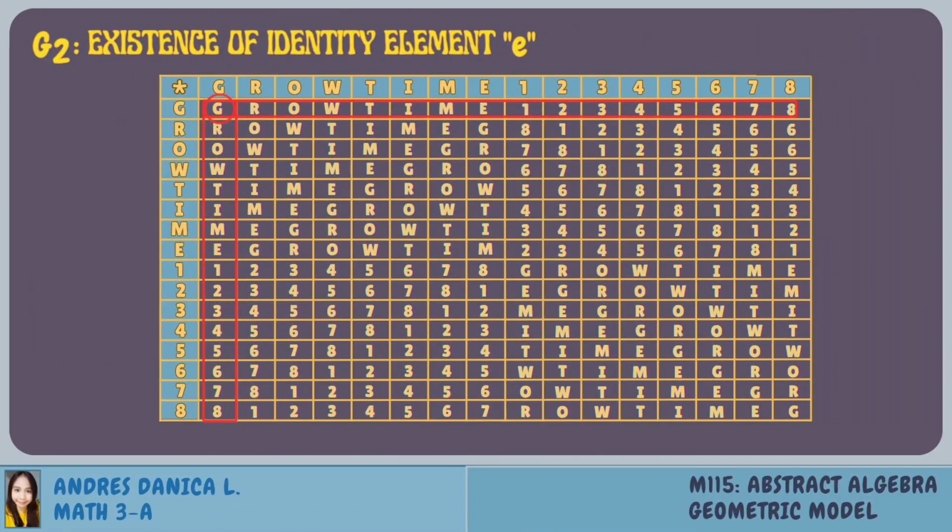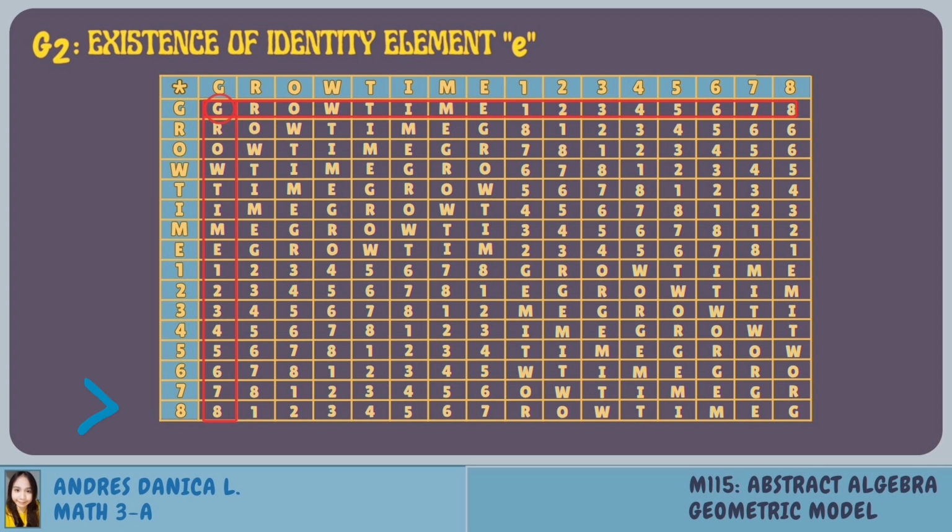Now, let's move on to G2, existence of identity element E. In finding the identity element, let's look for a row that matches the elements in the outer top row. Then we have this row. And look for the column that matches the elements in the outer left column.